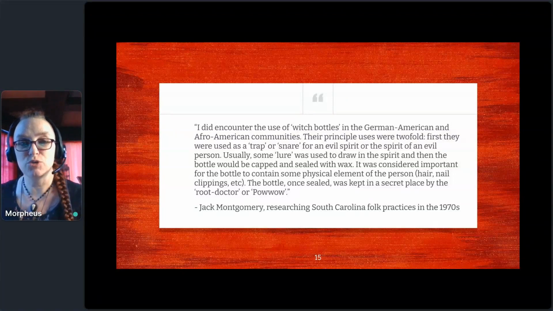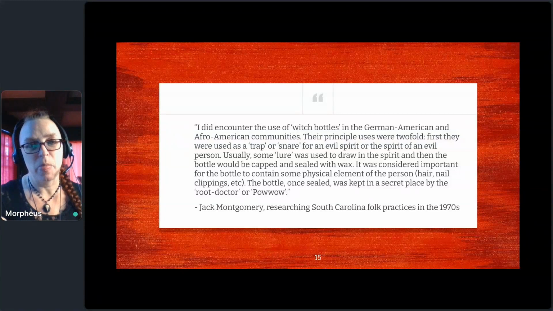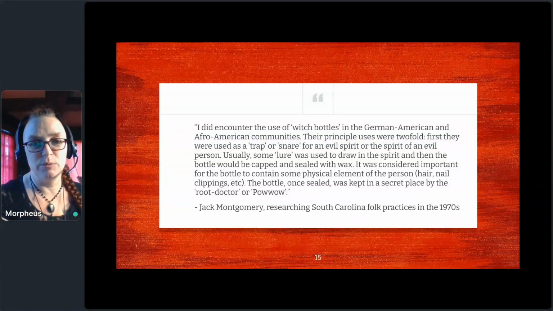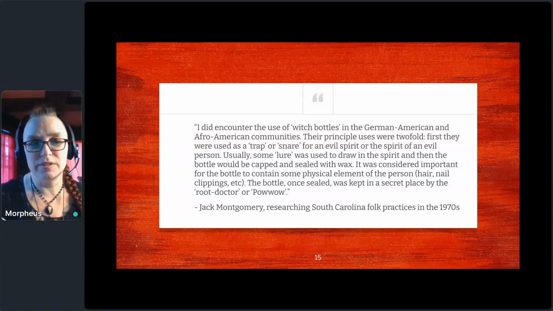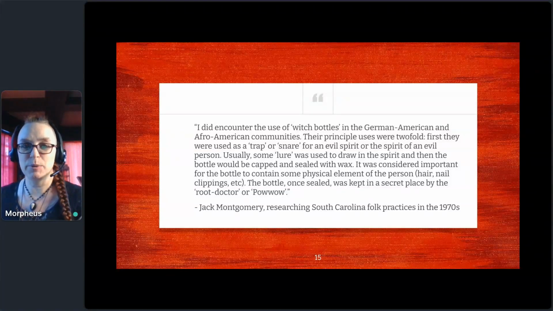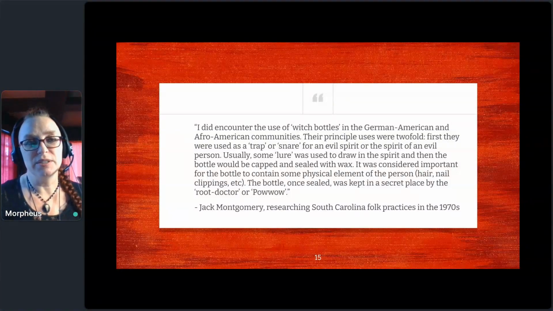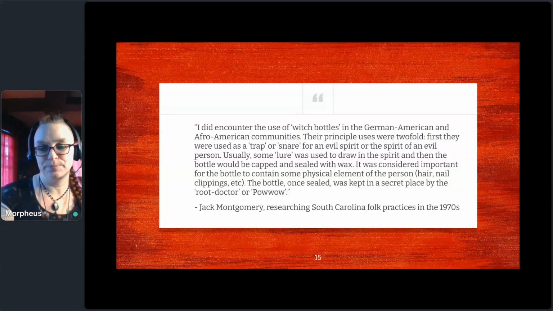First, they were used as a trap or a snare for an evil spirit or the spirit of an evil person. Usually, some lure was used to draw in the spirit, and then the bottle would be capped and sealed with wax. It was considered important for the bottle to contain some physical element of the person: hair, nail clippings, etc. The bottle, once sealed, was kept in a secret place by the root doctor or powwow."